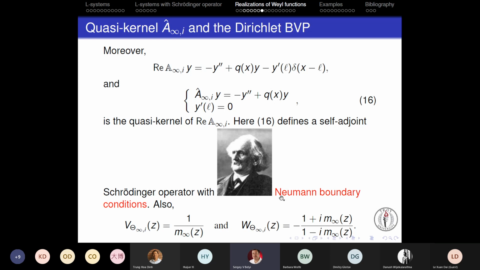It's a Schrodinger operator with Neumann boundary conditions. So this is a Neumann boundary condition, and that's what defines the system realizing 1 over M infinity. So very interesting. Those two functions happen to be special. The first one, negative M infinity, is realized with the help of Dirichlet boundary condition, and the second one is realized with the help of self-adjoint extension with Neumann boundary condition. And again, you see impedance and you see transfer function written out here.